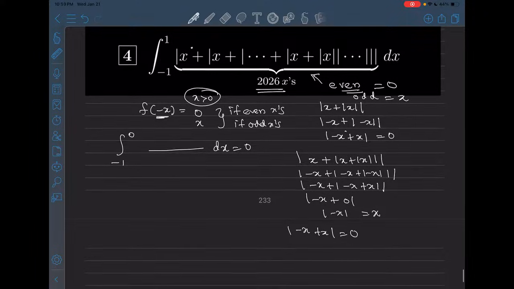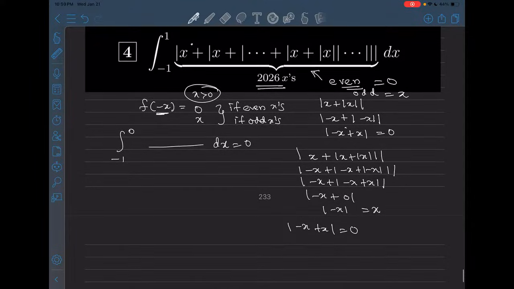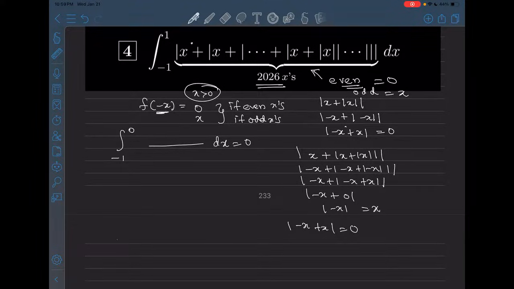So it looks like I only need to do it for positive numbers from 0 to 1. And in that case, for positive numbers, the modulus is the same as not having a modulus, because for positive numbers it doesn't matter whether the modulus is there or not.